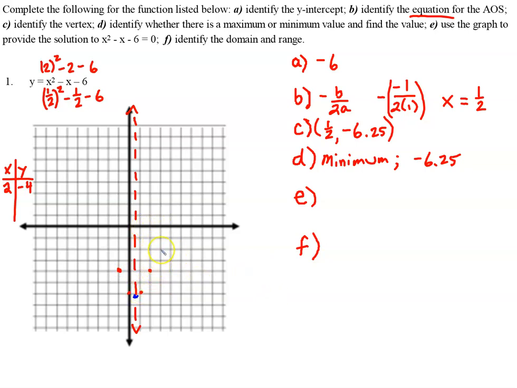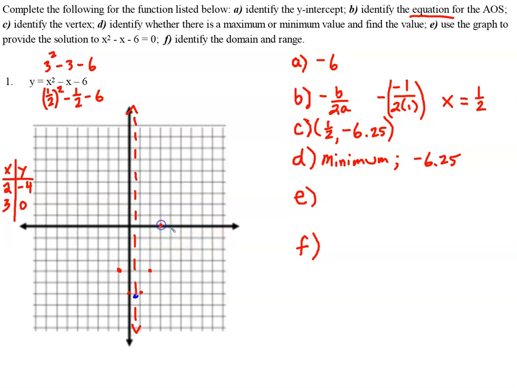All right, let's do another input. I'm trying to inch my way closer and closer to the x-axis. So let's input 3. All right, just so you can see that. So 3 squared minus 3 minus 6. 9 minus 3 is 6, and 6 minus 6 is 0. Okay, so I have a definite place where I'm crossing the x-axis.